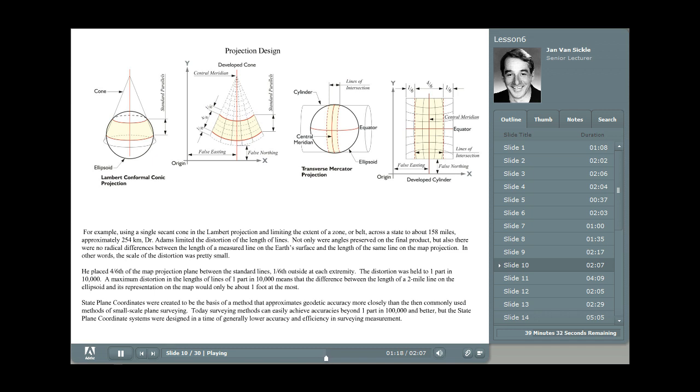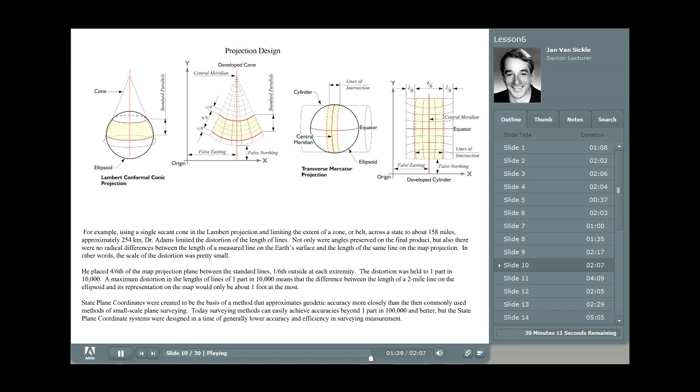State plane coordinates were created to be the basis of a method that approximated geodetic accuracy without forcing measurements to be reduced with the rather laborious geodetic calculations that were required.